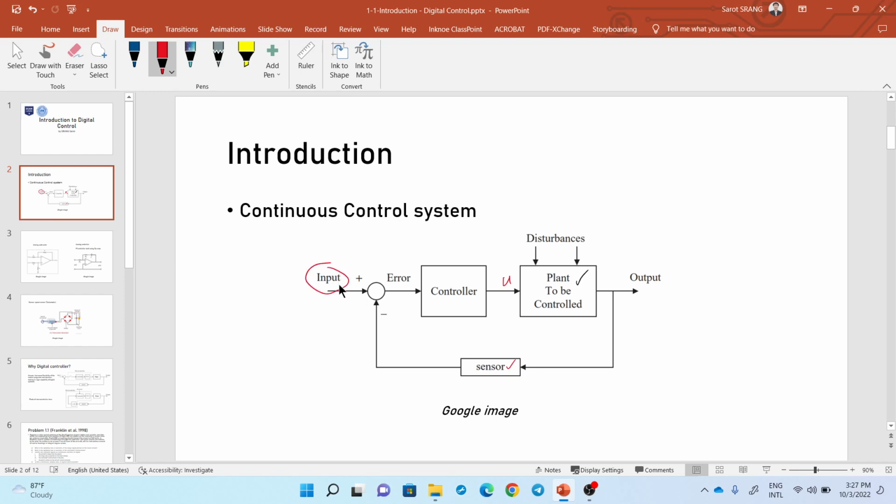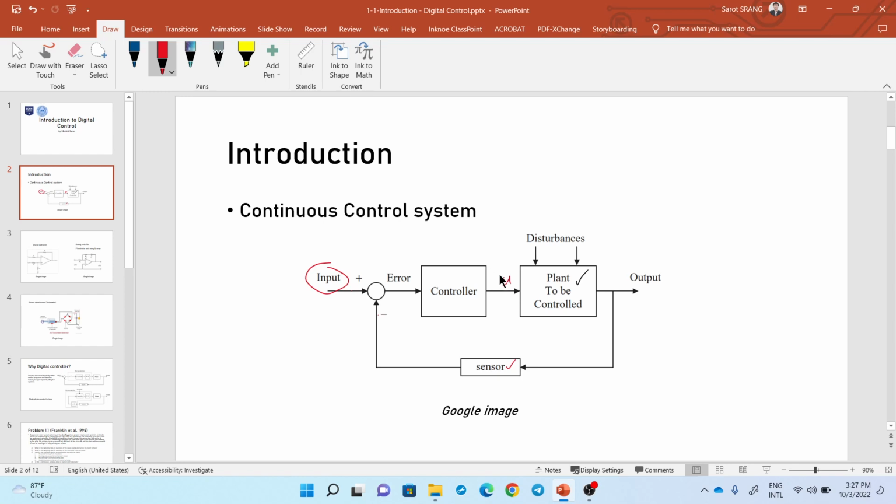The reference here is the desired. So you can calculate the error between the desired and the actual one, the desired output and the actual output. So from the error, the controller calculates and then injects some input to the plant.